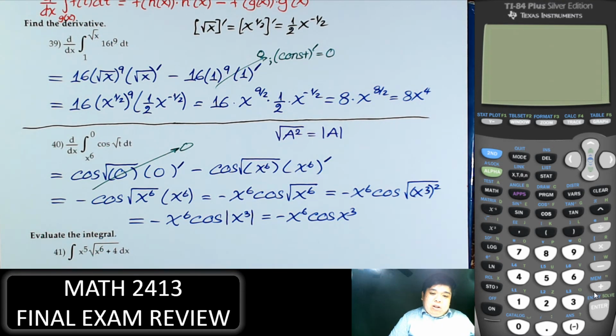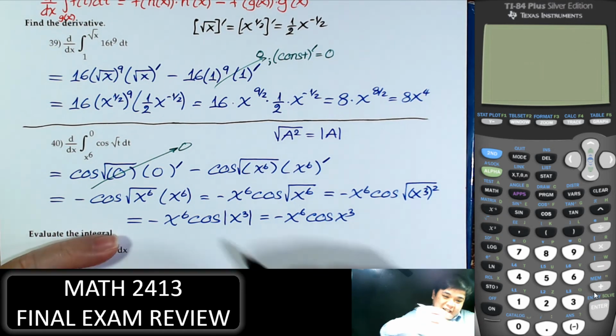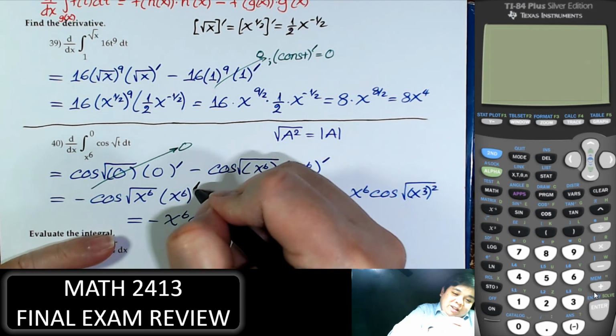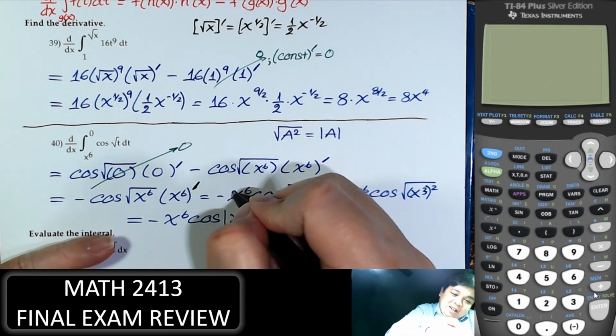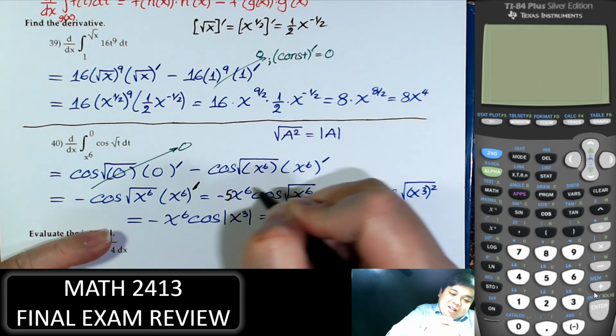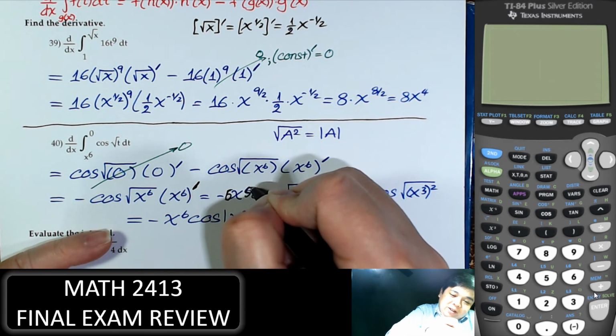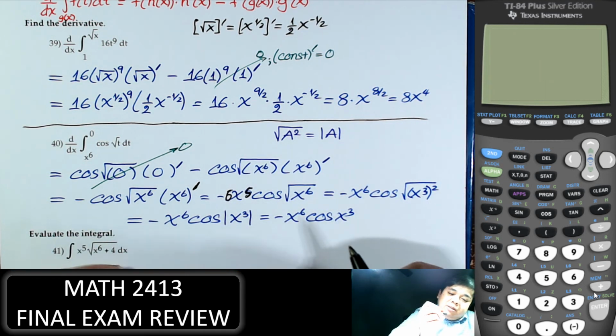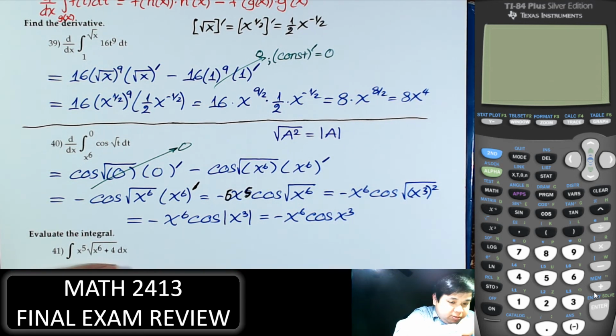Except I forgot one thing, right? Oh, the derivative. That's 6x to the fifth. That is the derivative. Sorry.